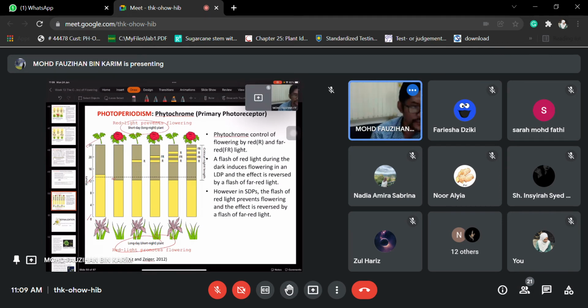Okay, so here, even though you expose the night longer than the exposure of lights for the short day plants, but you interrupted with the red lights, it will not go flowering. All right.